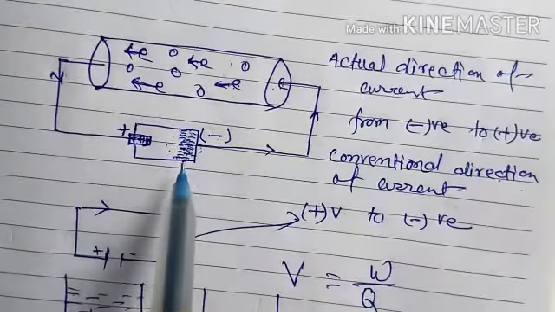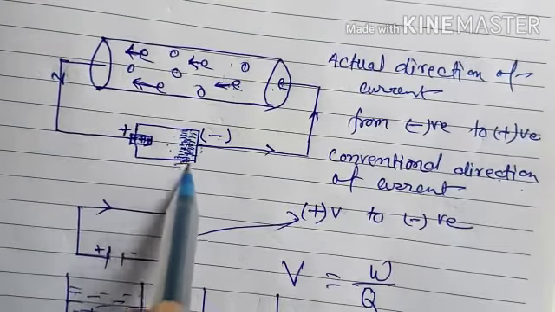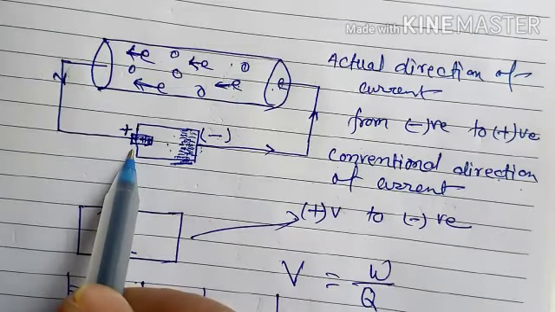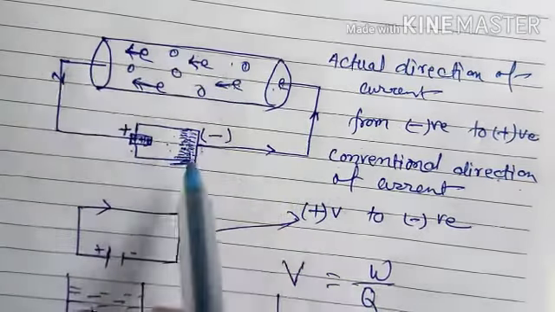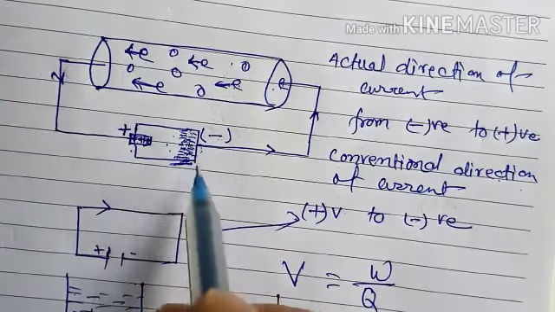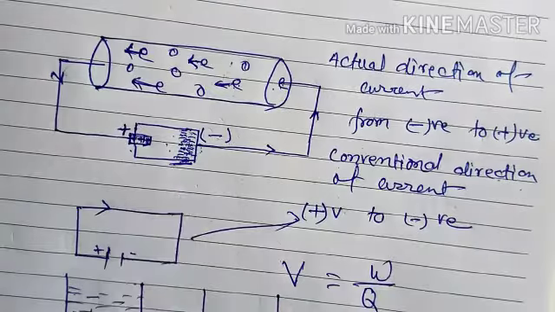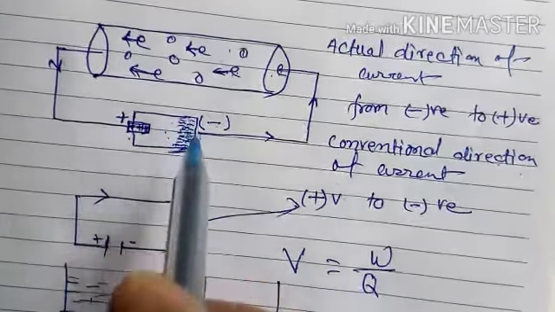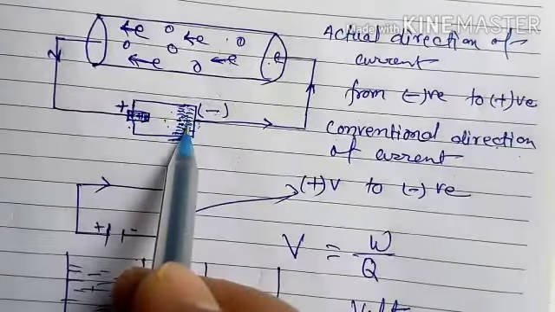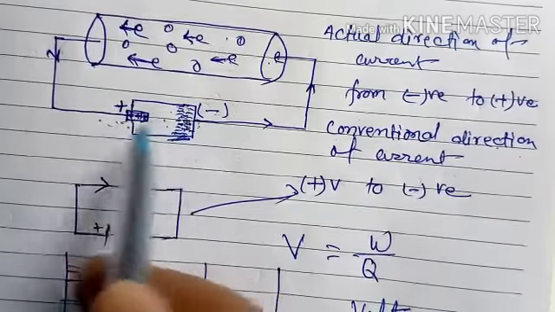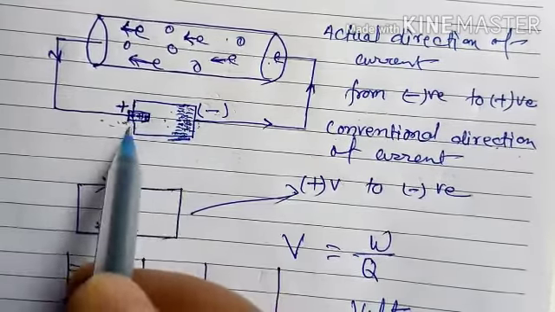Here the concentration of electrons is high, and here the concentration of electrons is low. That's why they start moving, and this is known as electric current. And here there is a difference of electrons, so this is known as a potential difference.